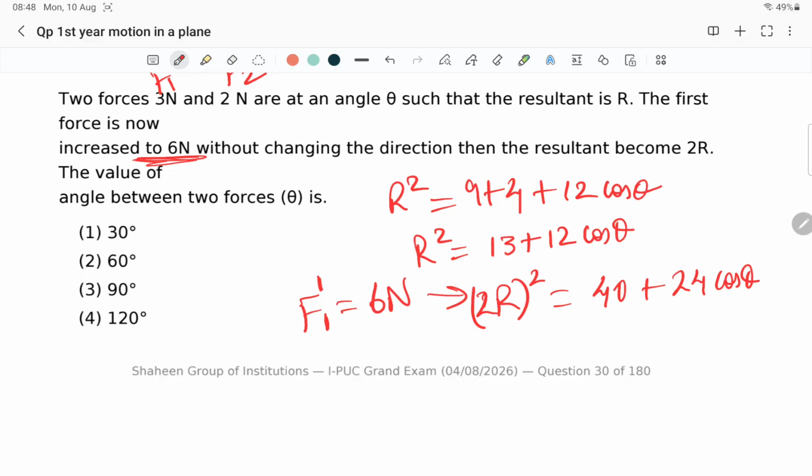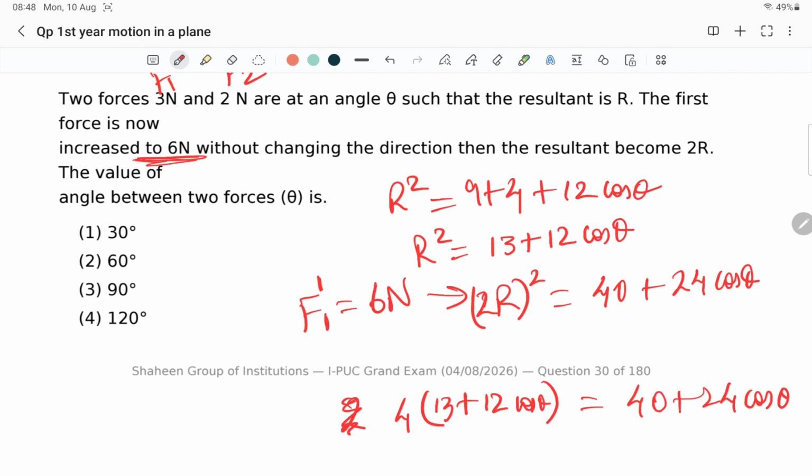Now you just put one in the other. 2 square is 4, so in place of R square you can write 13 plus 12 cos theta is equal to 40 plus 24 cos theta. Now you simplify and find theta; you have to get 120 degree.